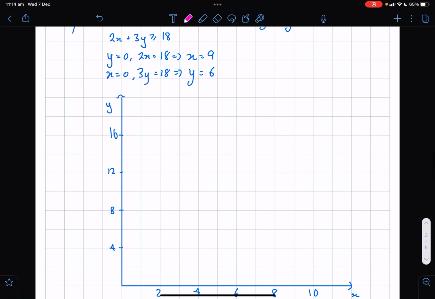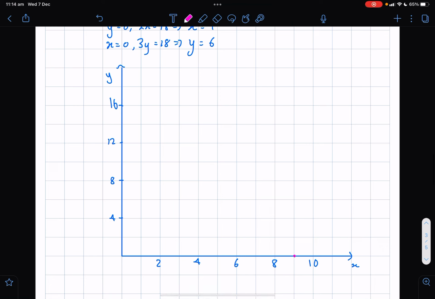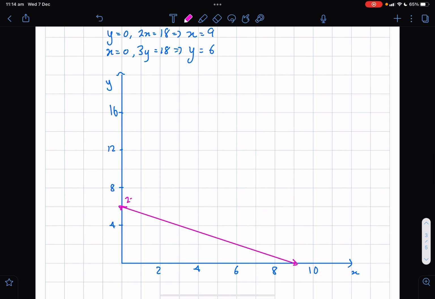Let's graph those. So x equals 9, y equals 6. So let's just put a line through those 2 points there. Label our equation. So we've got 2x plus 3y is equal to 18. Now let's have a look at our x and y conditions.